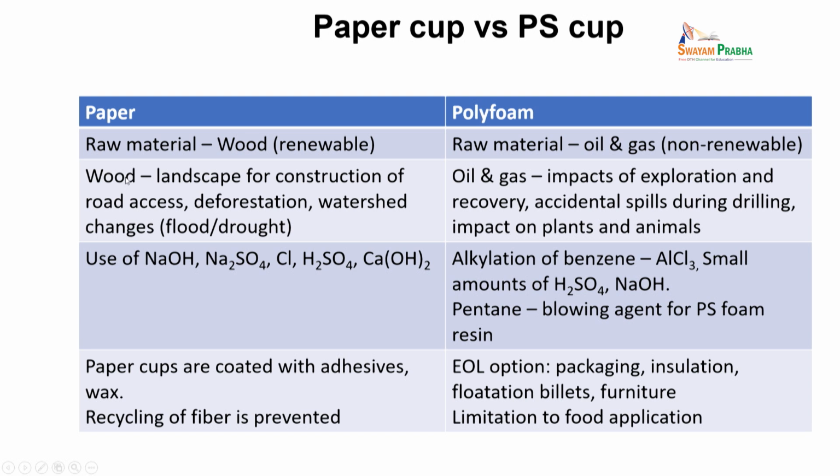When you look at wood, the problem is that you have to cut it from somewhere, and that means you have to reach the place where wood is present. So road transportation and road construction also have to be factored in. You're also thinking about deforestation and watershed changes.